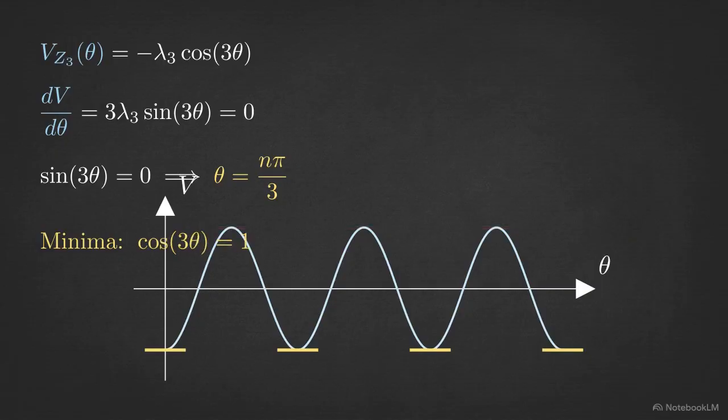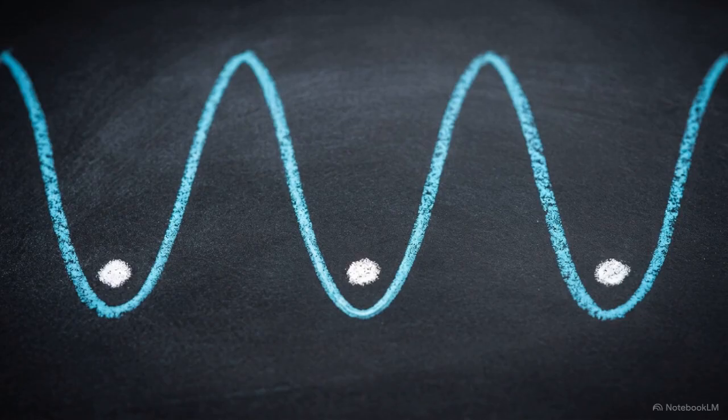In the potential equation, the deepest valleys occur when the cosine of 3 theta equals positive 1. This condition is met at the radian coordinates 0, 2 pi over 3, and 4 pi over 3. These translate directly to the geometric degree coordinates of 0, 120, and 240 degrees. Calculus confirms that the Z3 invariant potential creates 3 perfectly spaced energetic bottom points.